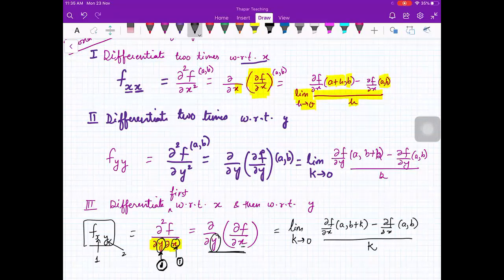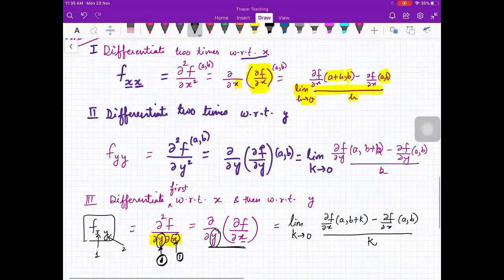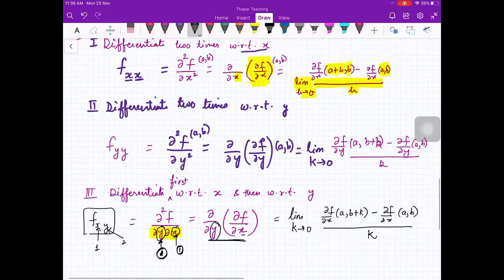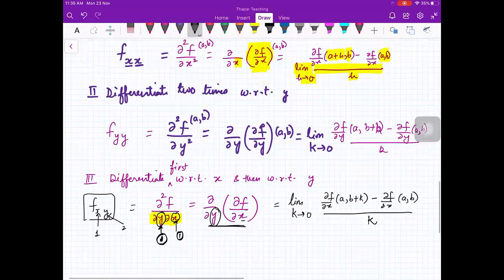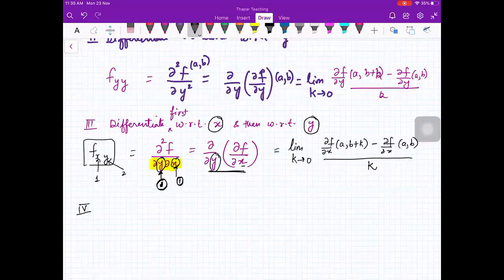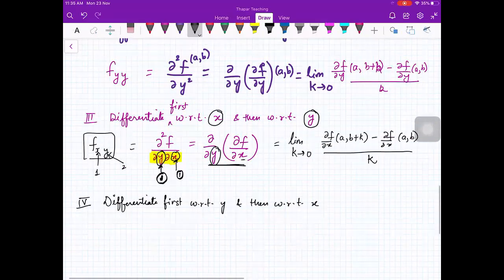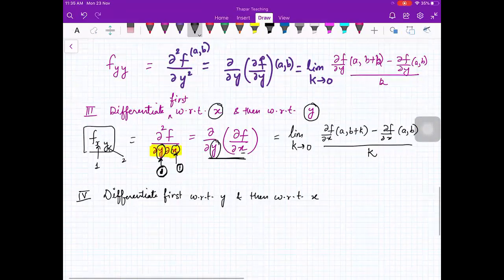Now what is the fourth possibility? Differentiate first with respect to y and then with respect to x. So you have curly by curly x of curly f by curly y.